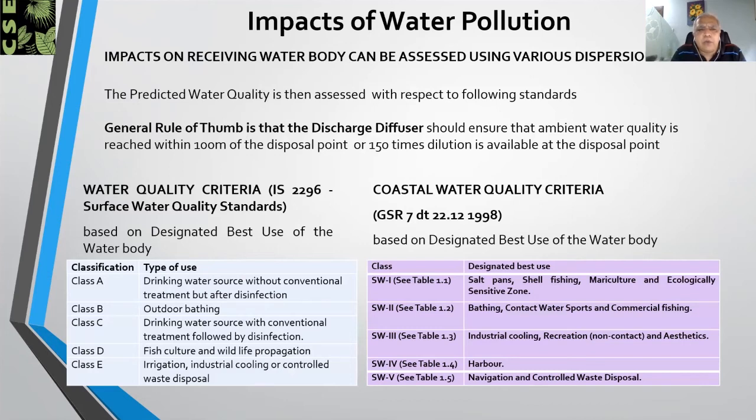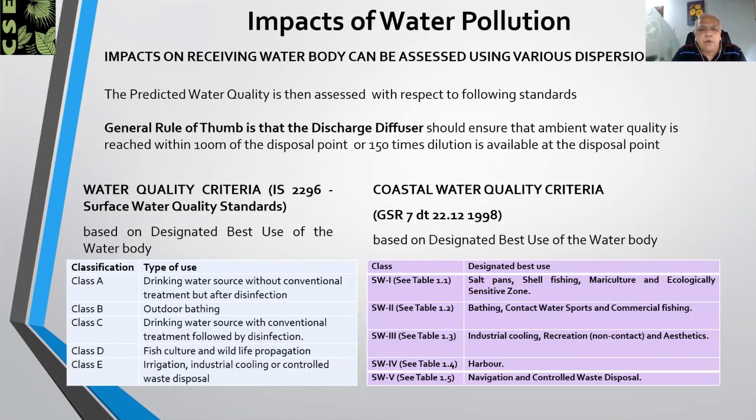The predicted water quality is then assessed with respect to the various standards in vogue. For surface water quality, we have the IS 2296, which is the surface water quality standards, based upon the designated best use of the water body.